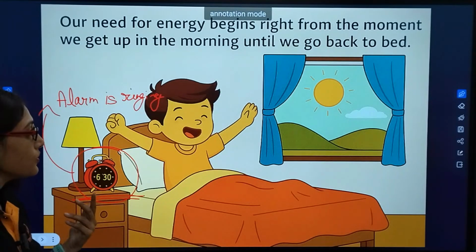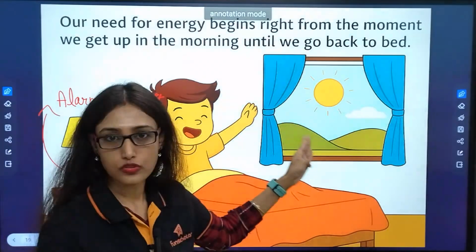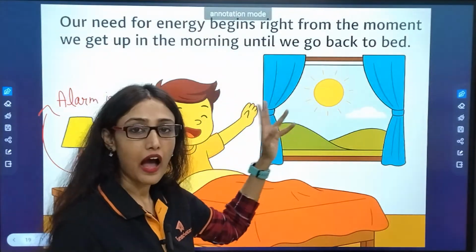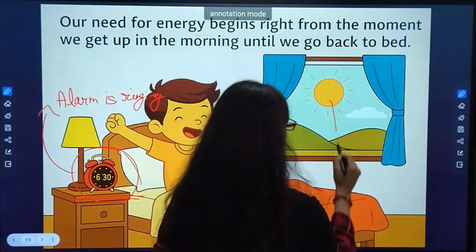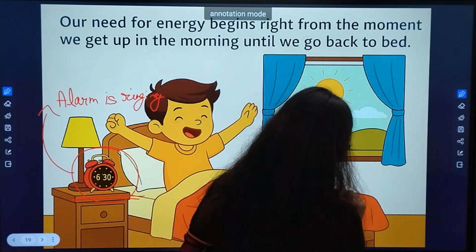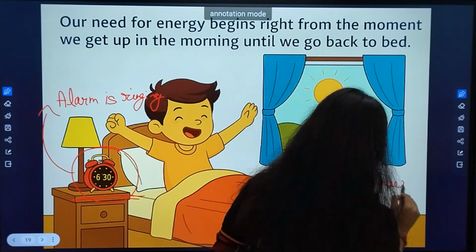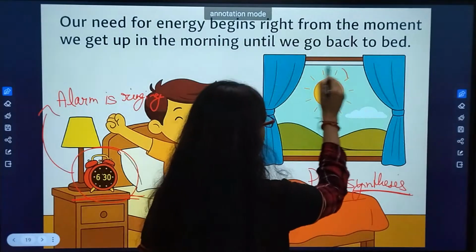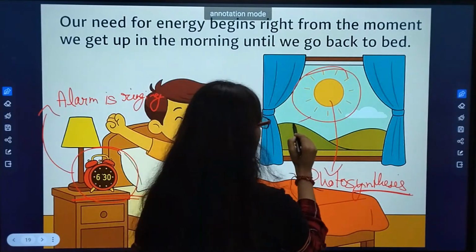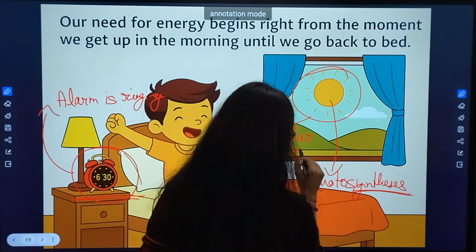Okay, even the sun is also a source of energy. How? Because photosynthesis can only happen in the presence of the sun. So this is the solar energy.